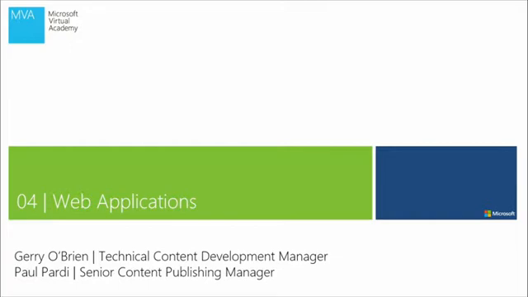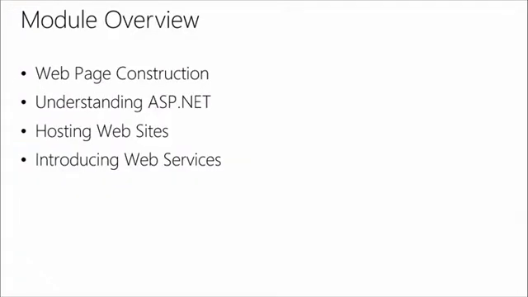But what we're going to take a look at here from this perspective on web applications is a quick overview of web page construction and talk a little bit about the difference between HTML versus an actual ASP.NET or web application itself. And then we'll gain a high-level understanding of ASP.NET, which is Microsoft's platform for web applications, which will help you understand the differences between just a core HTML page and an actual web application that has some functionality.